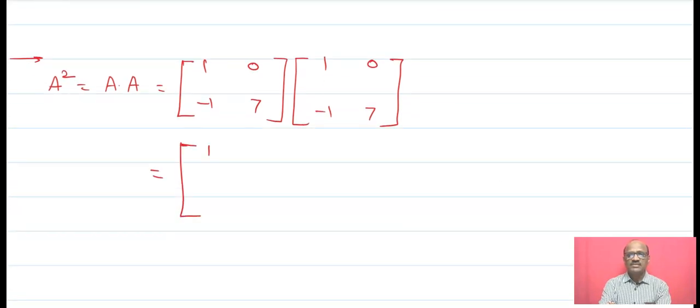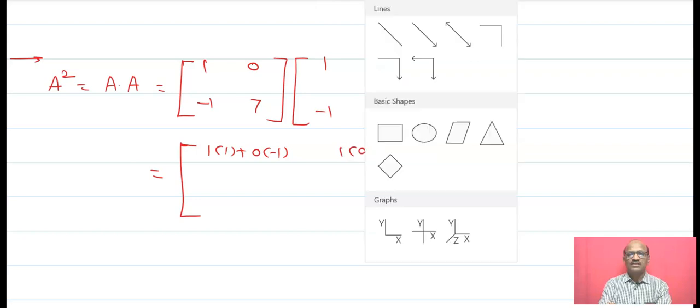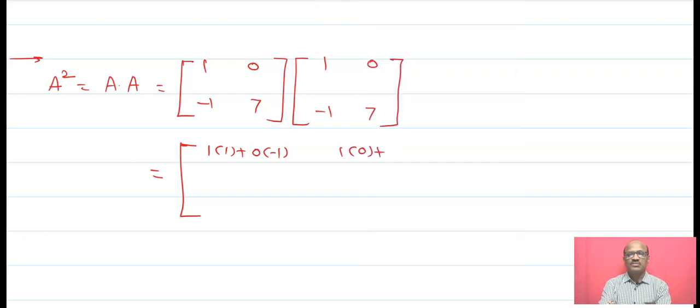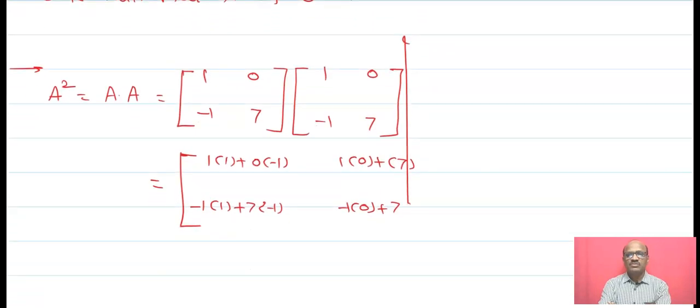First row, first column: 1 into 1, minus 1 into 0... Plus second row, second column, 7 into 7.